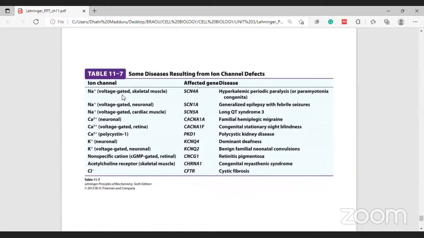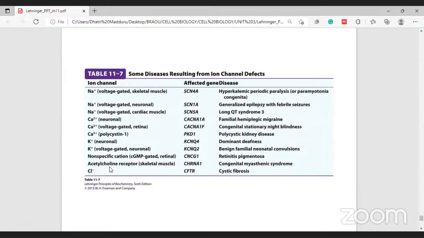So we have sodium voltage gated channel in the skeletal muscle, sodium voltage gated channel in the neurons and in cardiac muscle also. Then calcium channels in neurons and retina, that is the eye. Then polycystin 1, then potassium voltage gated channels in neurons, and cyclic GMP gated channels present in the retina, which are not specific to any particular cation.